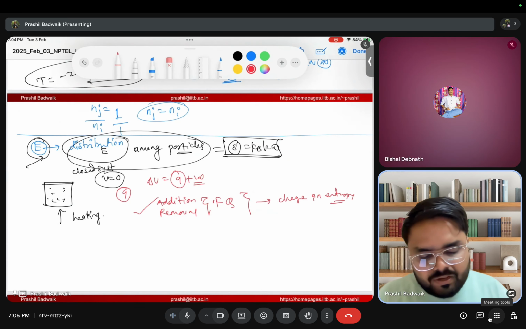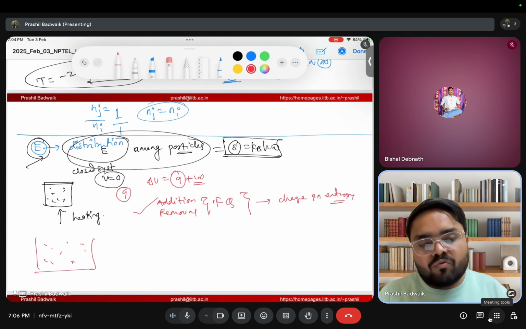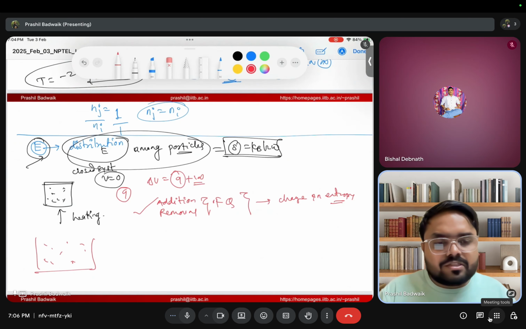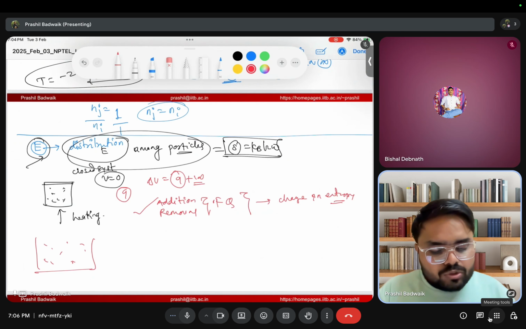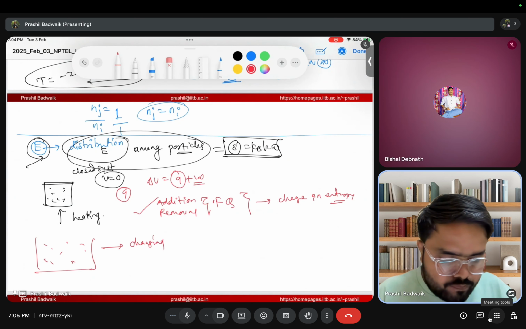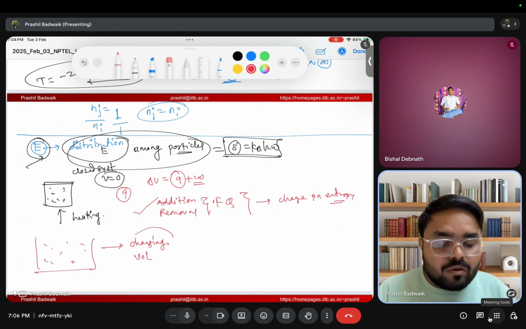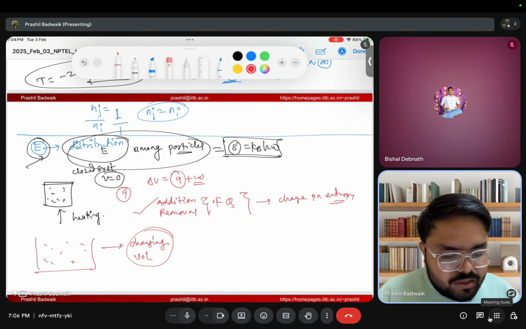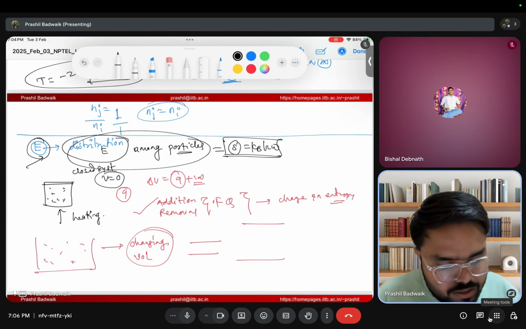Similarly, if I am having a small system versus a big system, then the particles will be moved apart. They have different energy distribution, right? So whenever I'm changing the volume, what is changing? The difference between energy levels changes.